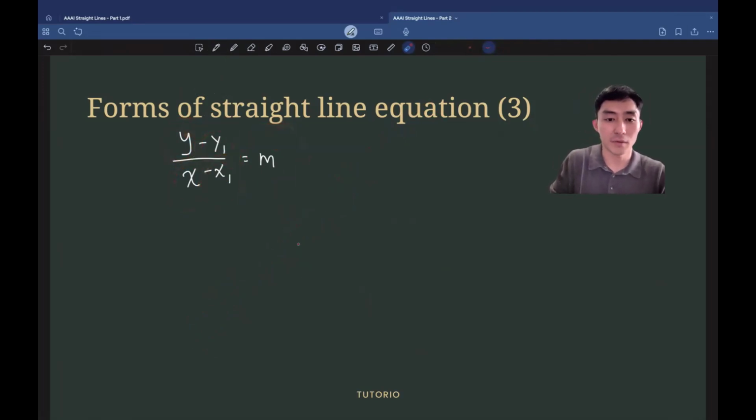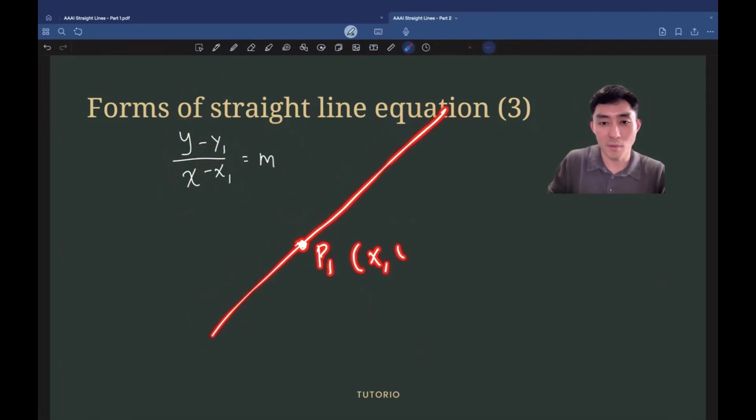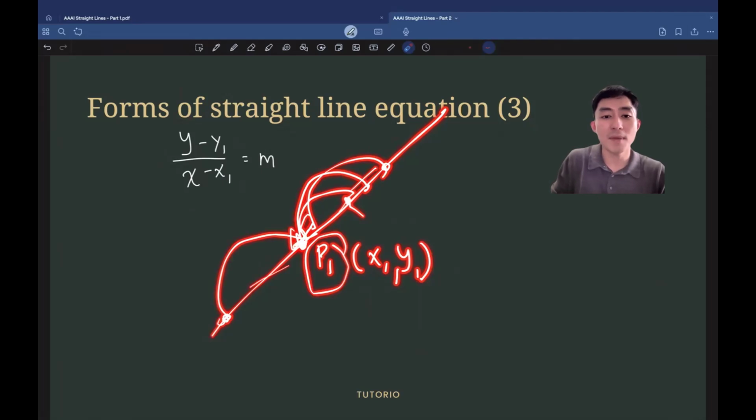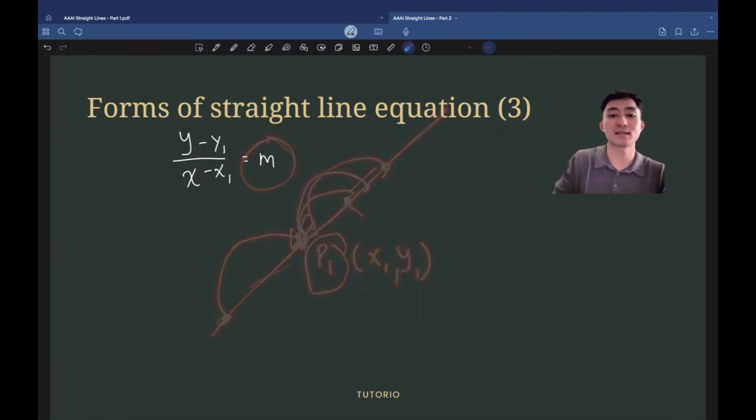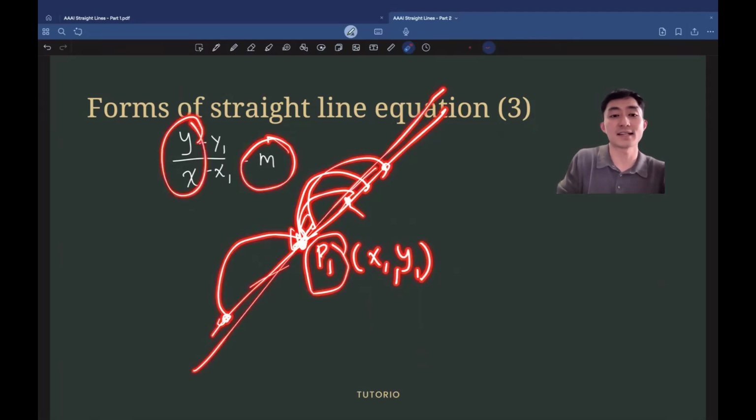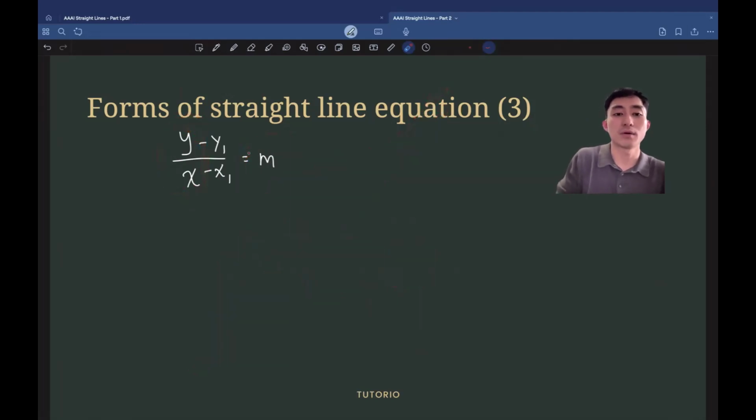This means that whether I take this point here, this is point 1, x1 comma y1, or I take the point here, or here, all related to that point, or even a point here related to P1, I must get the same gradient. That's why I generalize this as x comma y, because I want to take x comma y at any other point. Now, as we have got this, we can cross multiply.